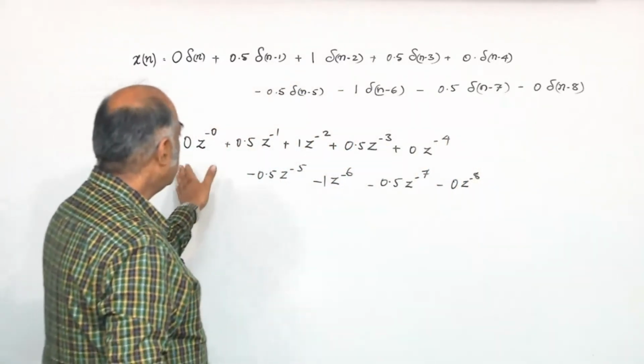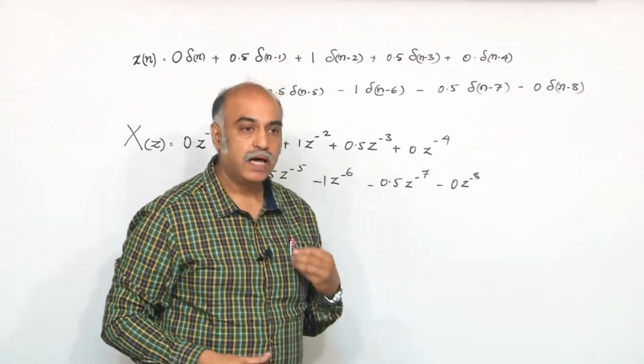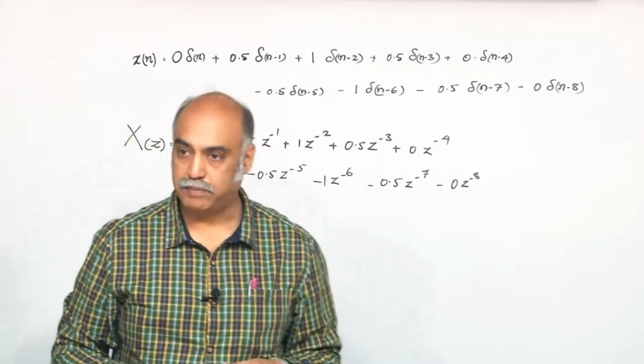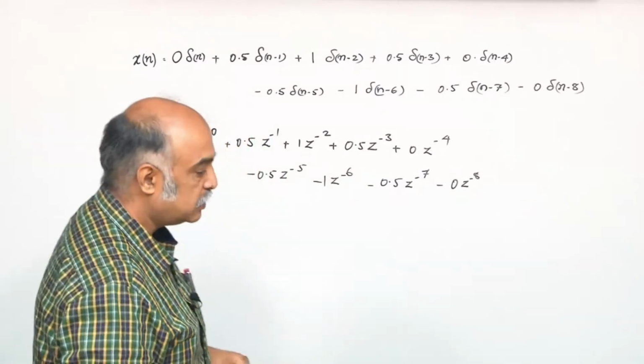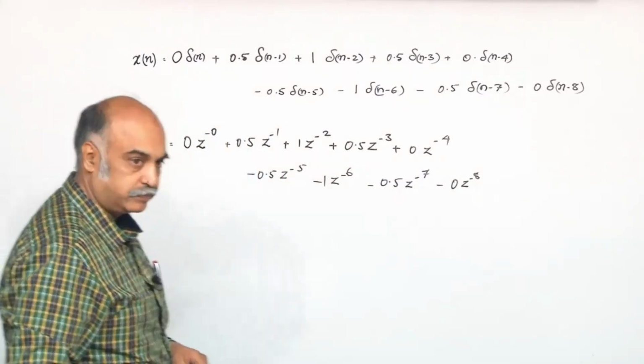So this would be your Z transformed representation of the continuous signal x(t).